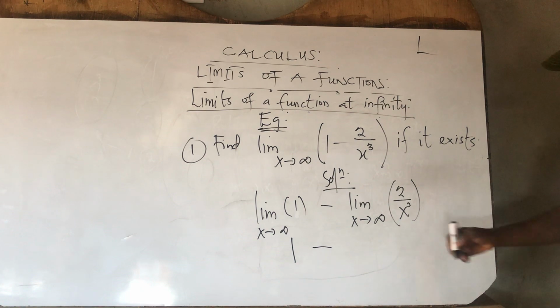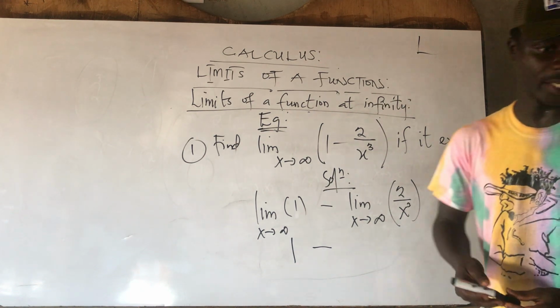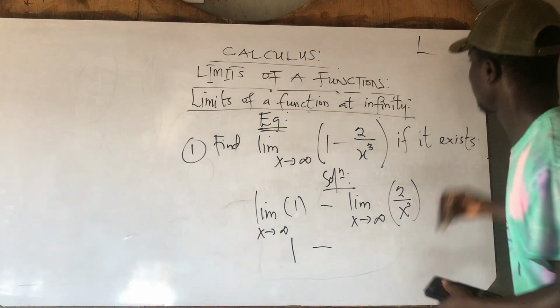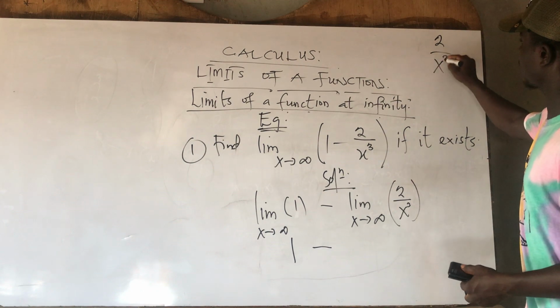Now, I told you that this infinity is a larger value. So let's see something here. Take your calculator and let's see something. We have 2 over x cubed, right?